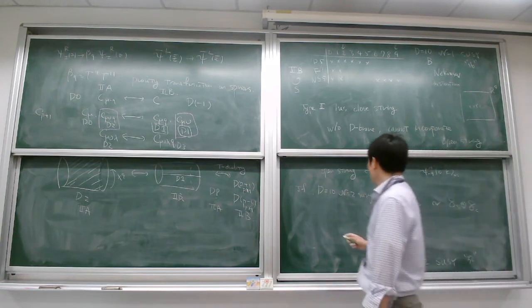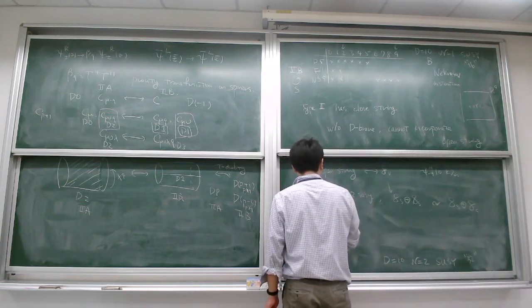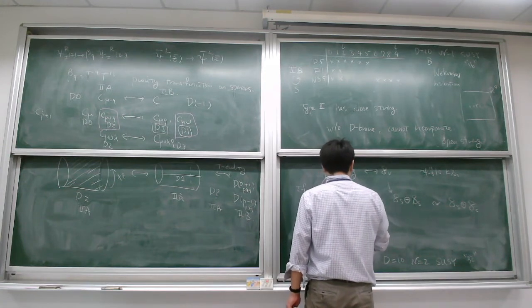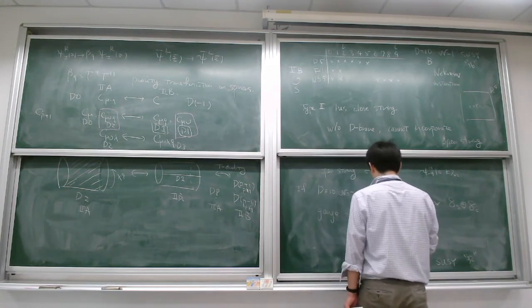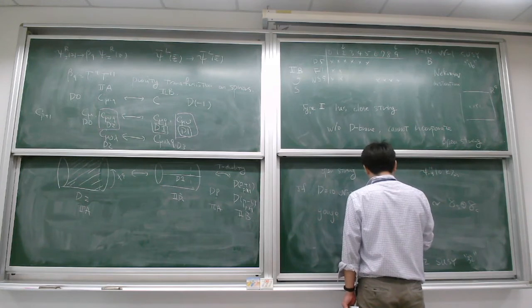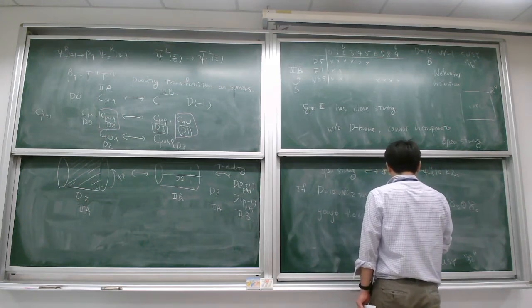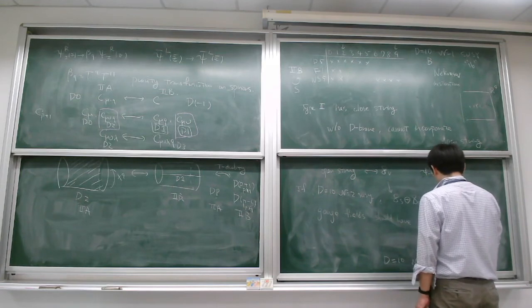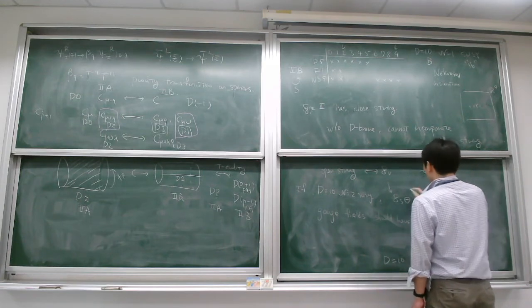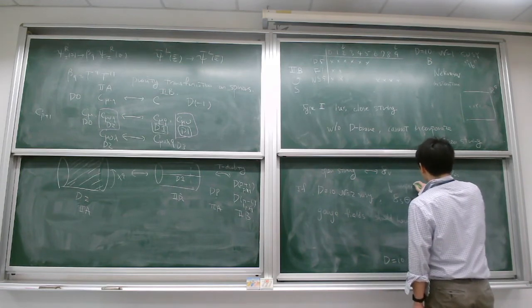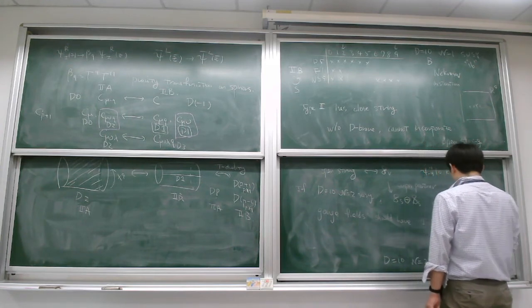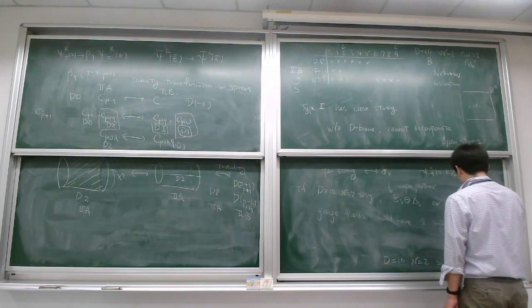But as we will see, the gauge field should have only one superpartner. So that's what I'm going to explain.